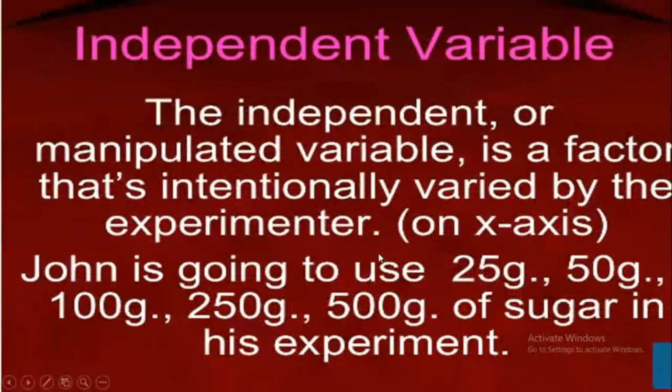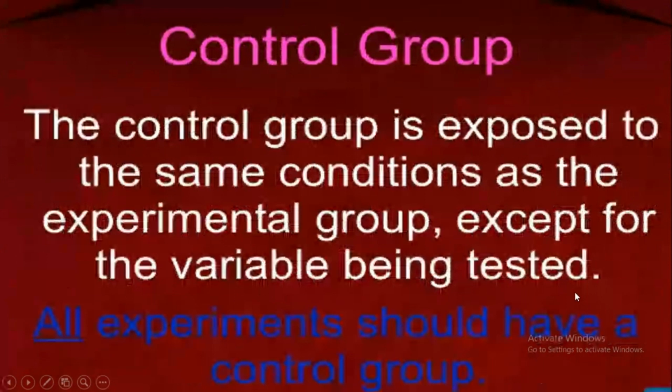If we come to know that, for instance, the maximum loaf we see in the bread is on 50 grams of sugar, when we add 50 grams there's a maximum rise in the size of the bread. So it means that when we are adding other quantities like 100 grams or 500 grams, we are comparing them with 50 grams of sugar, right? So that will be the control group.